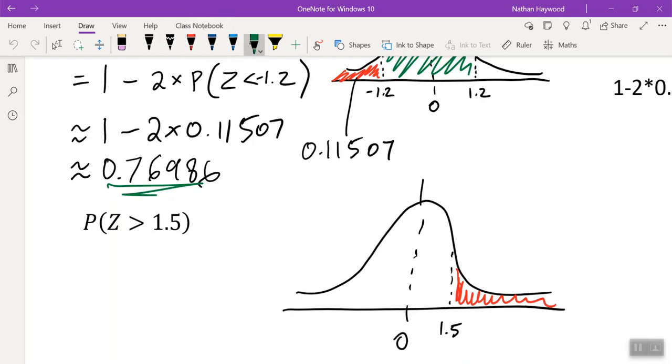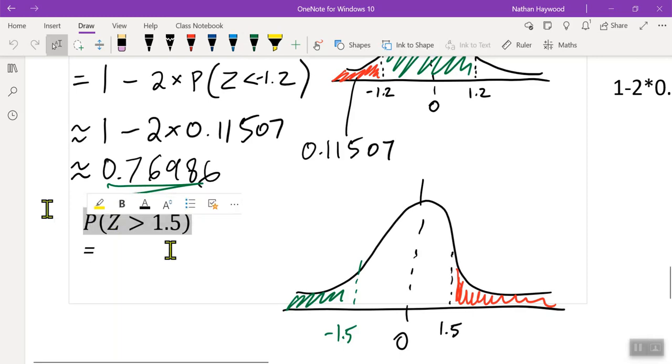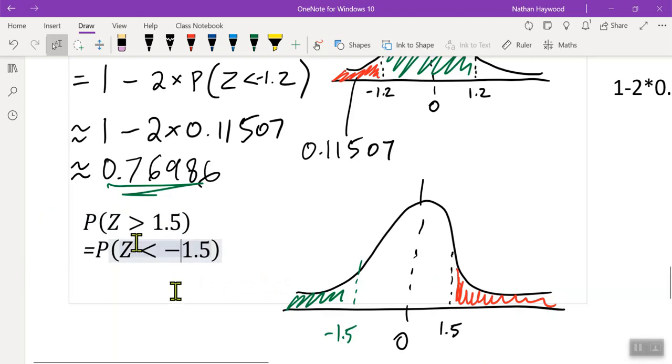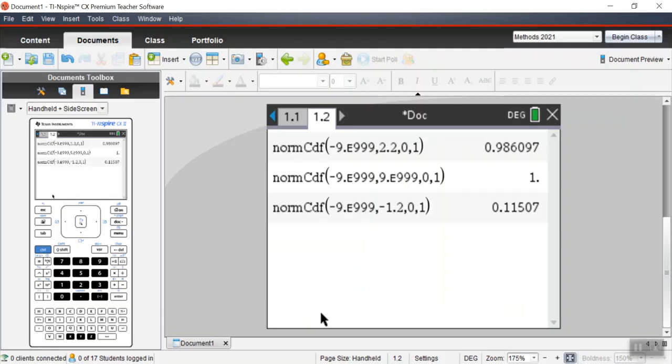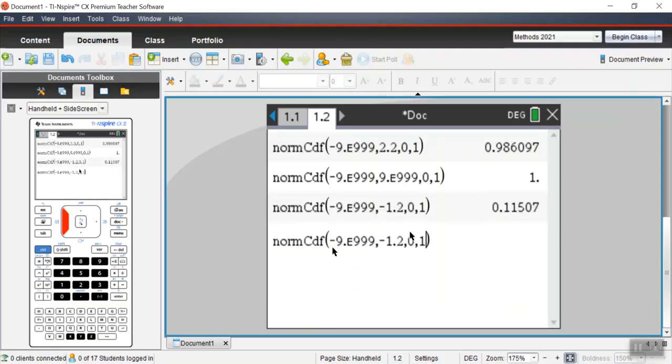So if we find the area up to negative 1.5 and subtract, that'll be the same as that area, right? So this is equal to the probability of Z less than negative 1.5. So same thing on your calculator. Did you all get that?